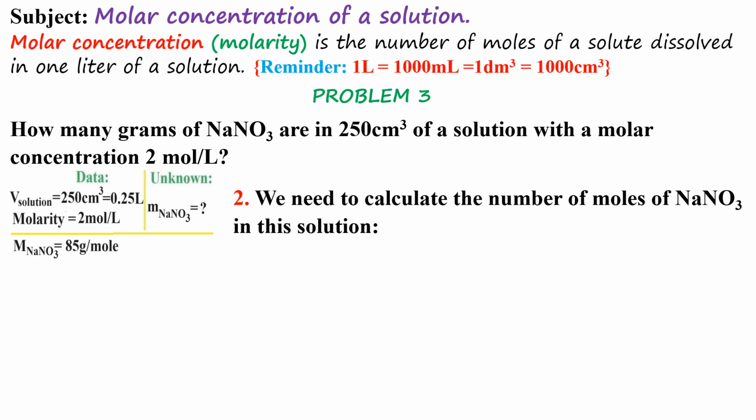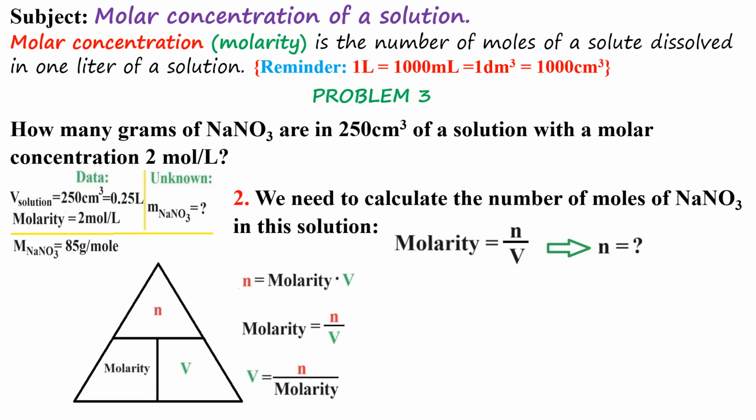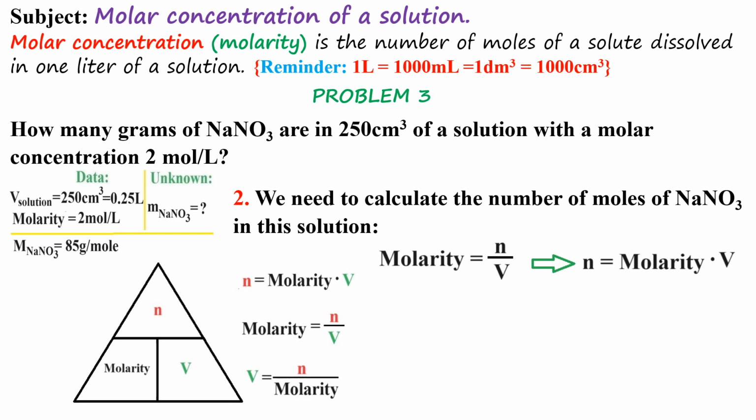Now we need to calculate the number of moles of sodium nitrate in this solution. Molarity equals the number of moles of the solute over volume of the solution. We have to transform this formula for number of moles. How to do it? For example, we can use the popular triangle method to transform our formula. Now we know that the number of moles of solute equals molarity multiplied by the volume of the solution.